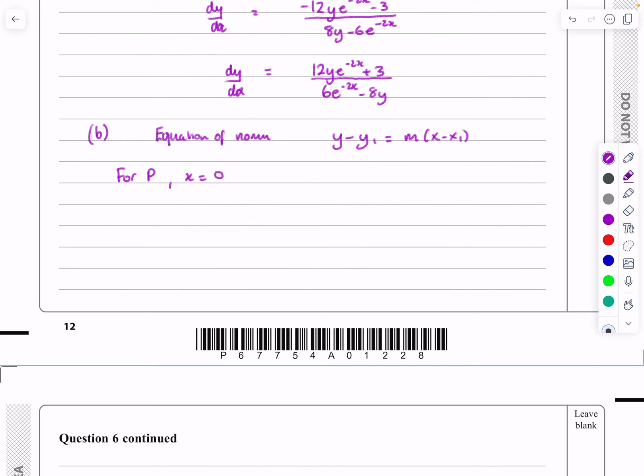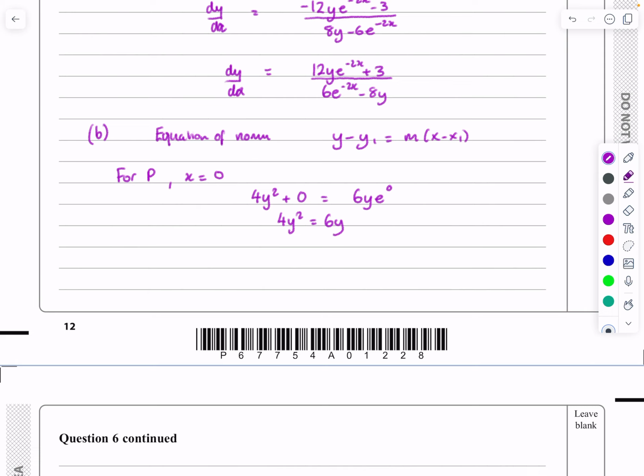So if x is equal to 0, let's put that into the original equation. I'm going to get 4y squared plus 0, x is equal to 0, is equal to 6y e to the 0. Okay, I'm going to get 4y squared is equal to 6y.